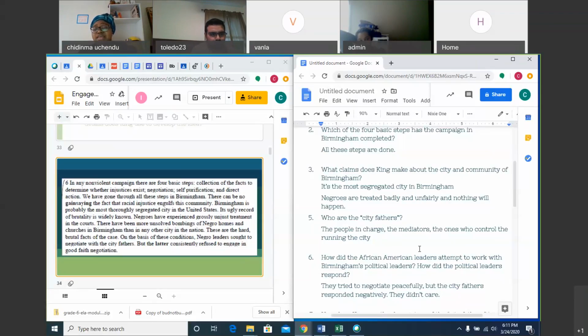You don't always have to have them, but you have your claims, the major thing that's happening, the main points, and then the evidence to support that. So now, based off of everything that Dr. King is saying, do you think that this makes sense? Do you think that the way he spoke about what's going on and the evidence he uses makes sense? This is your opinion. What do you think about the way he explained it?